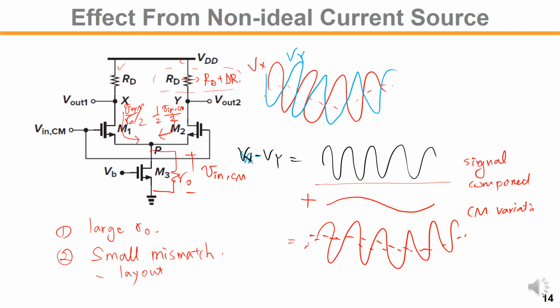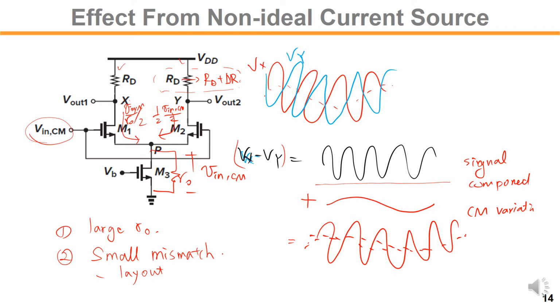M1 and M2 may have different VTH, threshold voltage, or something like that. So for such kind of mismatch, the output should not be affected, but with that mismatch, the input common mode variation will appear on the output difference, right?